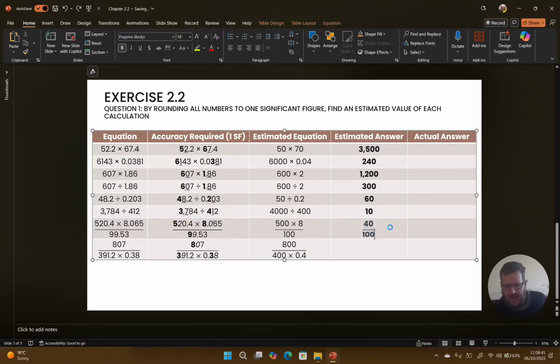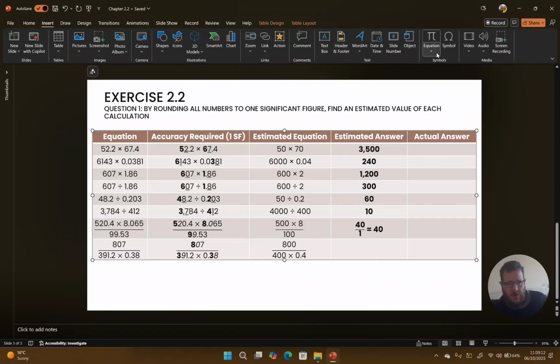Let's simplify that down, which will be dividing each of those by 100, which then gives you the answer of 40. I am determined to do this, and then we need to do another fraction here as well.